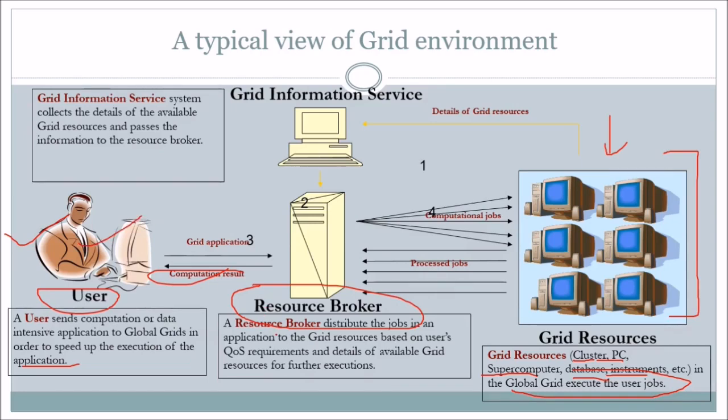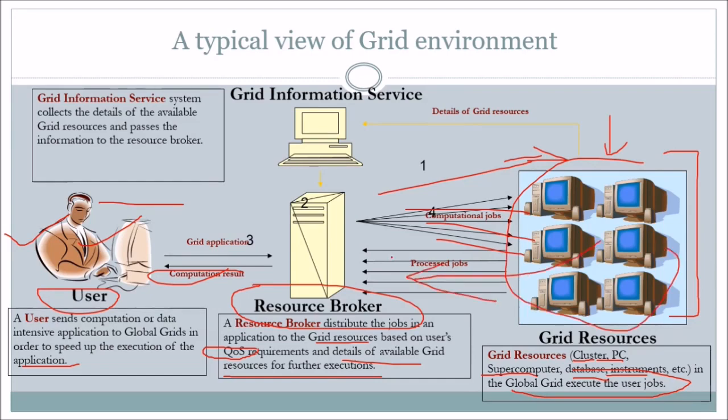Now this resource broker is distributing the job to the grid resources based on the user's quality of service requirement and details of available grid resources for further execution. First of all, what the user requires, and second, where or in what form these grids are available. After computation, this grid returns the processed job, which is given back to the user.